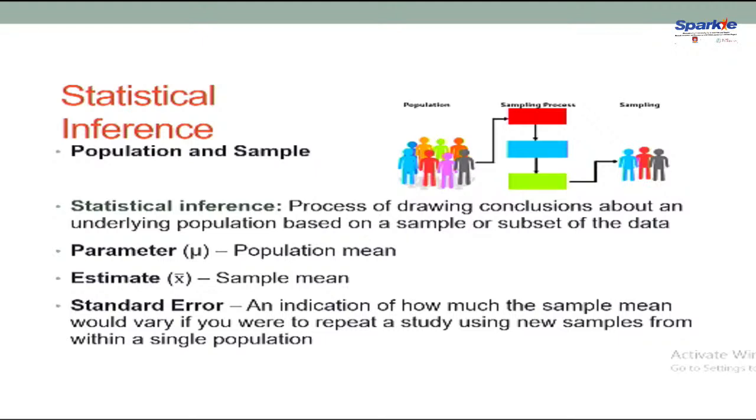Then you always have the standard error, which is an indication of how much the sample mean will vary if you were to repeat a study using new samples from a single population. The larger the standard error, the less the precision of the inferences you are making about the true value.